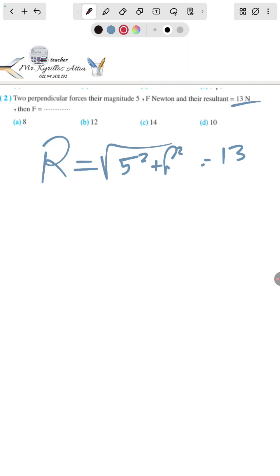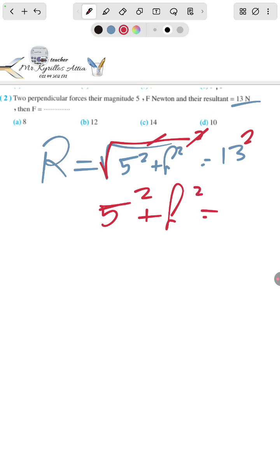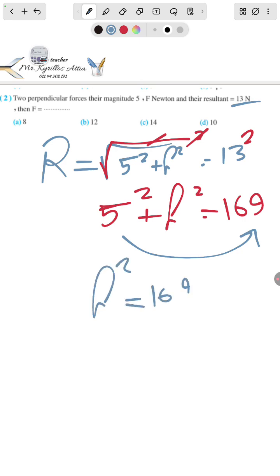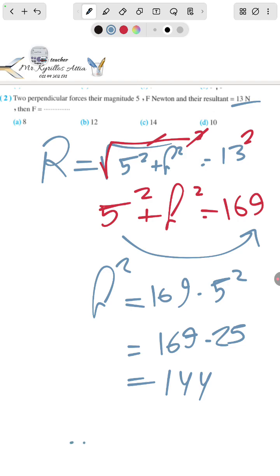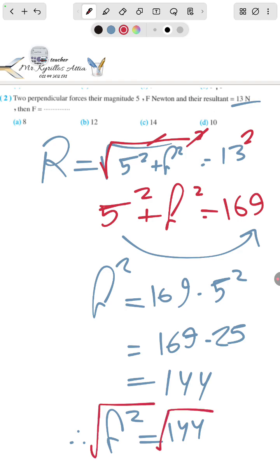By cancelling the root and squaring both sides, 5 power 2 plus F power 2 equals 13 power 2, which is 169. Moving 5 power 2 to the other side, F power 2 equals 169 minus 25, which equals 144. By taking the square root of both sides, F equals root 144, which is 12.